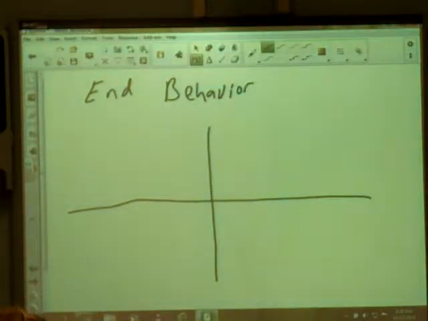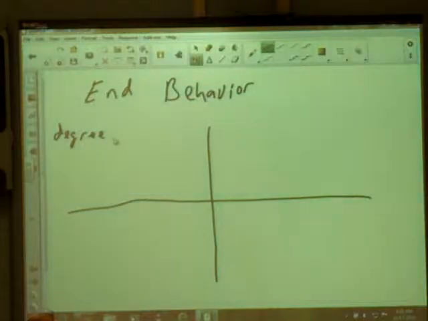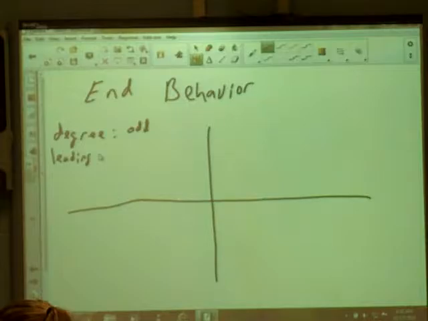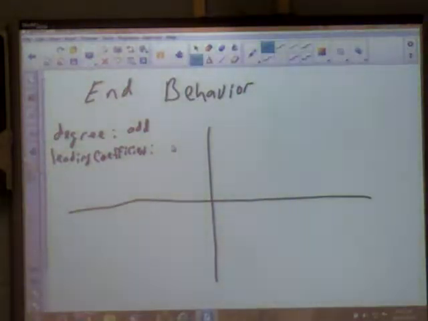It needs about half a page, because we're going to put a lot of stuff in there.